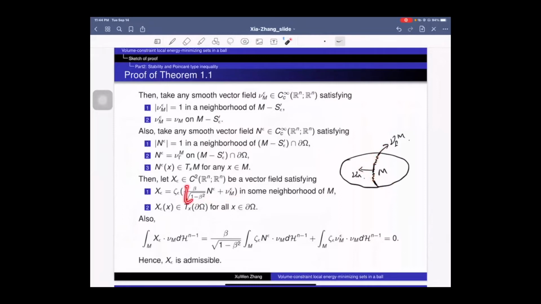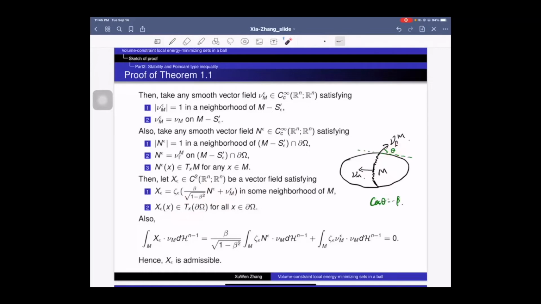And this constant is chosen to satisfy that X epsilon is tangent to the boundary. This is because M is a capillary surface, a capillary set of finite perimeter with a constant contact angle theta with the boundary of omega. And this is due to this constant contact angle theta, which satisfies that cosine theta is minus beta.